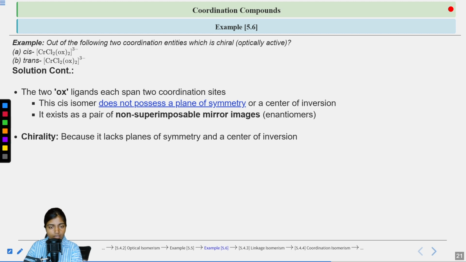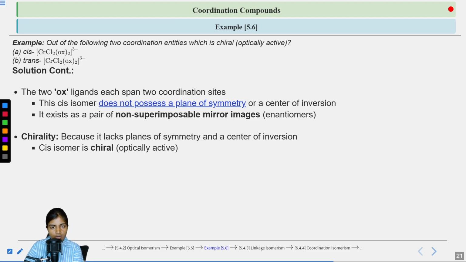Let's check the chirality. Because it lacks the plane of symmetry and a center of inversion, the cis isomer is chiral. That means optically active. Okay, because this does not contain any kind of plane of symmetry and center of inversion. So the plane of symmetry I explained.